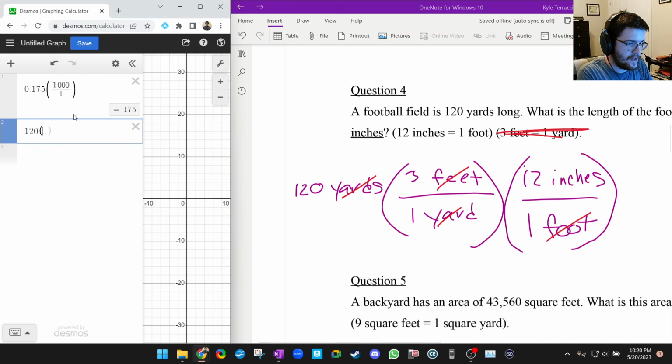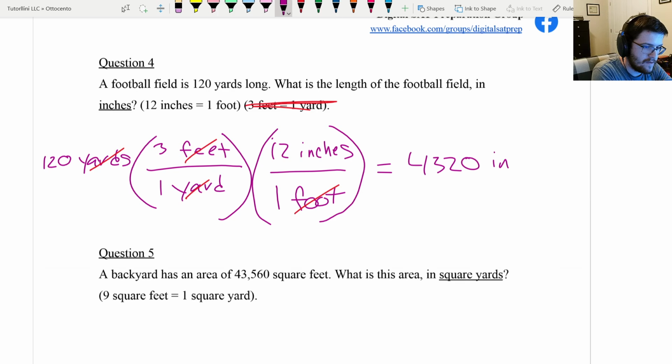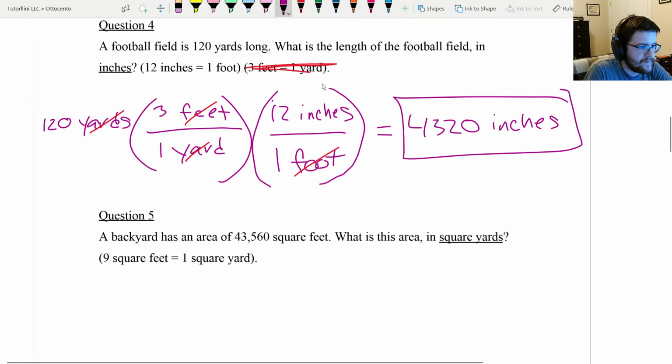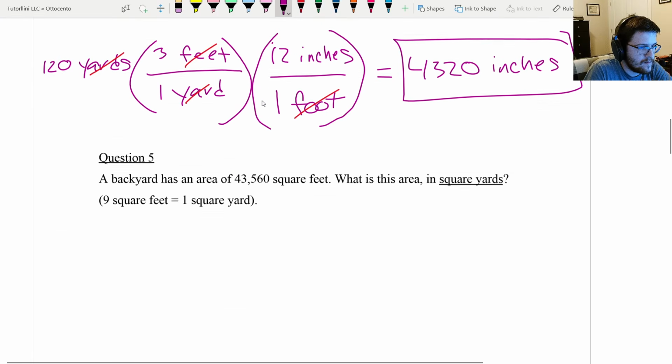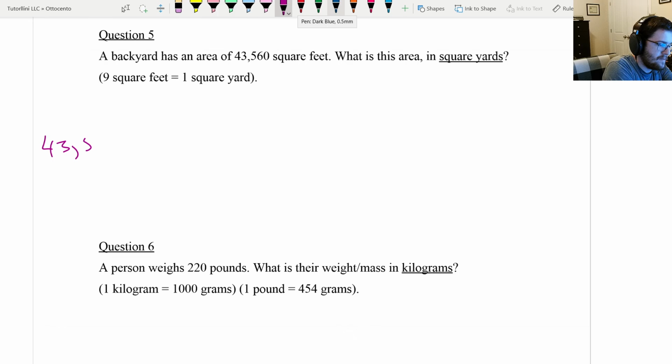So 120, 3 over 1, 12 over 1, and we get 4,320 inches, which should be our answer. All right, very good. Let's move on to the next one. Okay, backyard has an area of 43,560 feet squared.